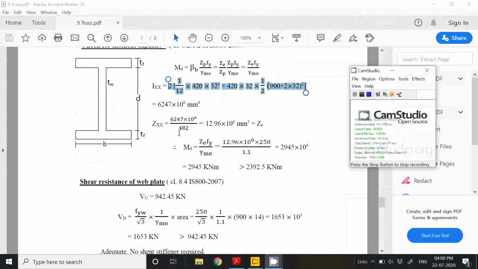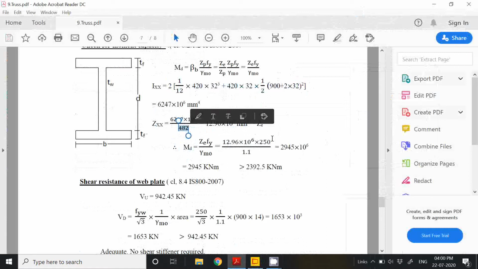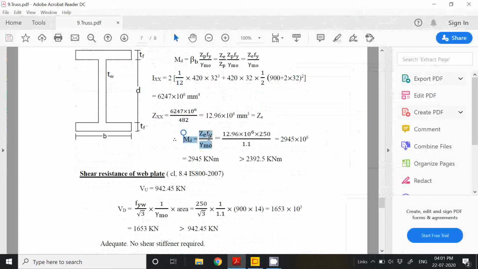I think there is a mistake here also. So if you consider y by 2 here, you check it please. It should not be 482. Then ultimately after getting this one, you find out the moment, and this is the moment capacity, and it should be greater than the applied moment.